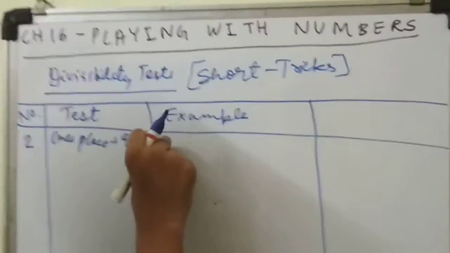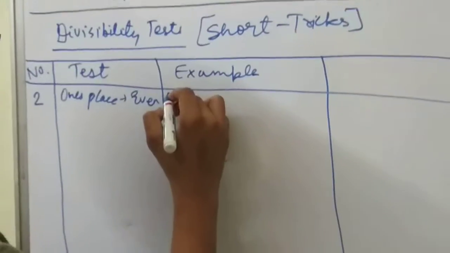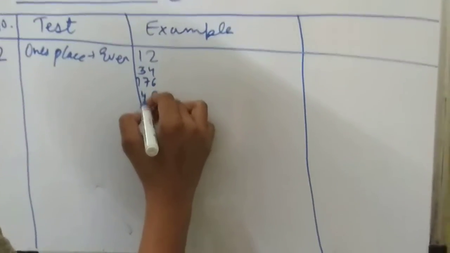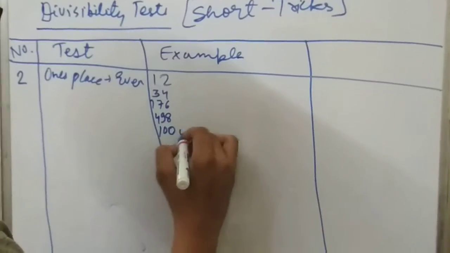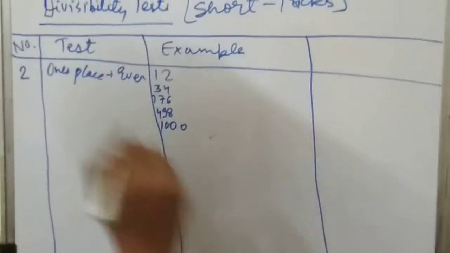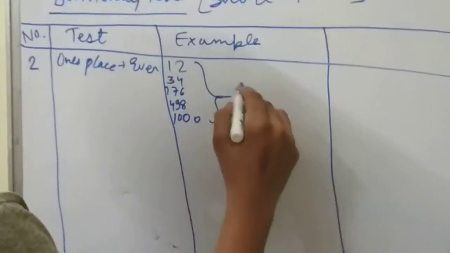Same here, all even numbers are multiples of 2. That is why we say all even numbers are multiples of 2, so 12, 34, 176, 498, 1000. These are numbers where the unit digit is even. Okay, that means you can see these all numbers are multiples of 2.